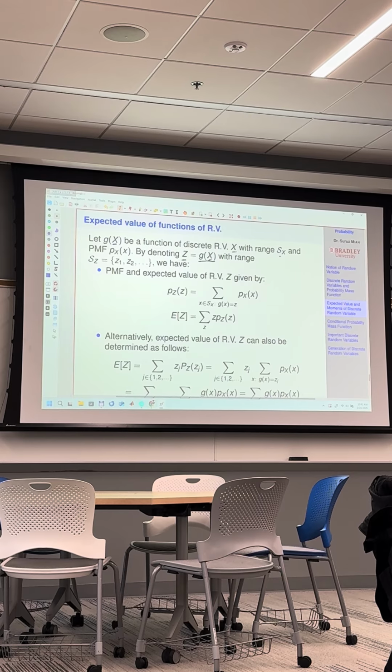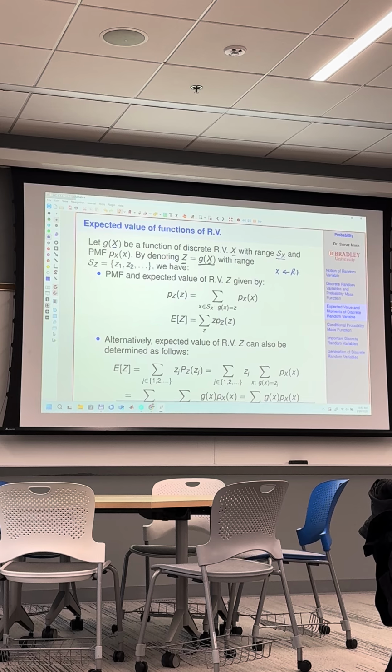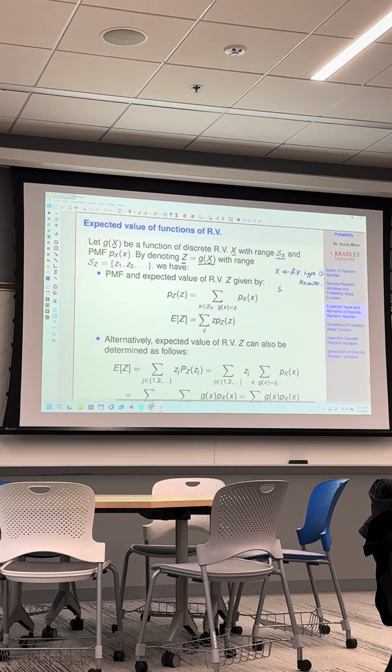You know the range of random variable X, so here what is known? The random variable type is known. The range is known.